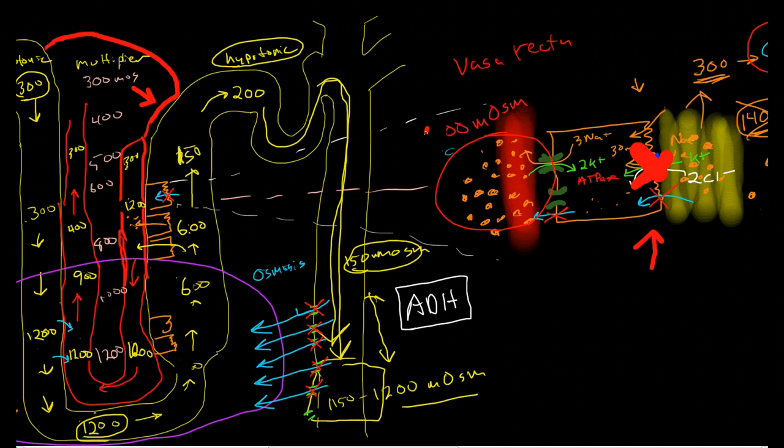And if you can't do that, then you're not going to be able to create this concentration at the hairpin turn of the loop of Henle. So you're not going to have a hypertonic medullary interstitium. You will lose the ability to concentrate urine, and you will end up excreting dilute urine.